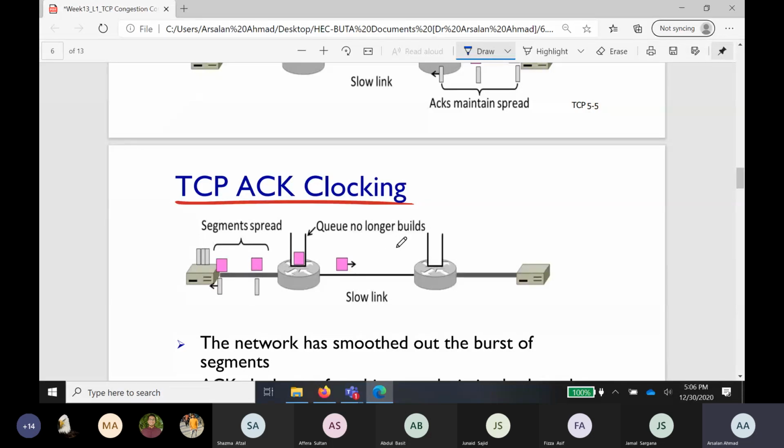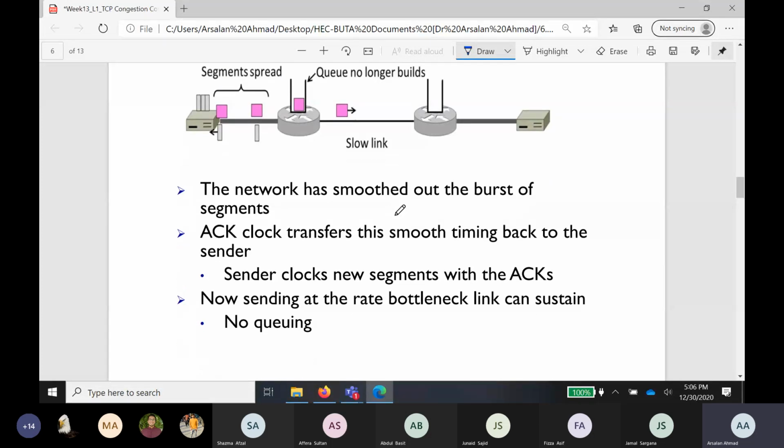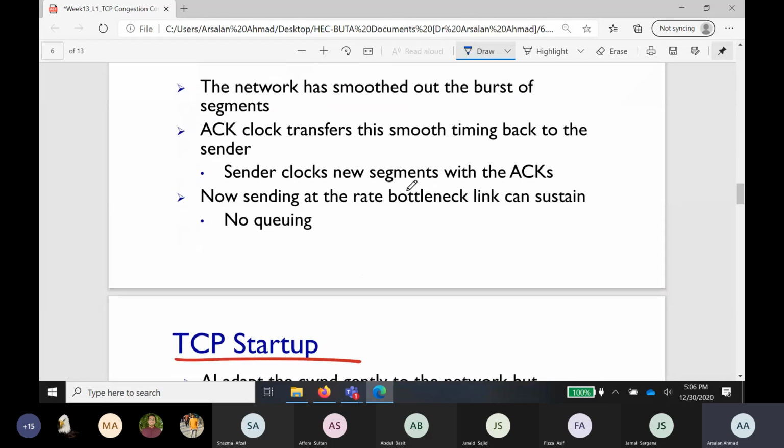And the same phenomenon we saw in the animation as well. And so the transmission control protocol brings down its rate to the rate of the bottleneck link. So that's what we call self-clocking.